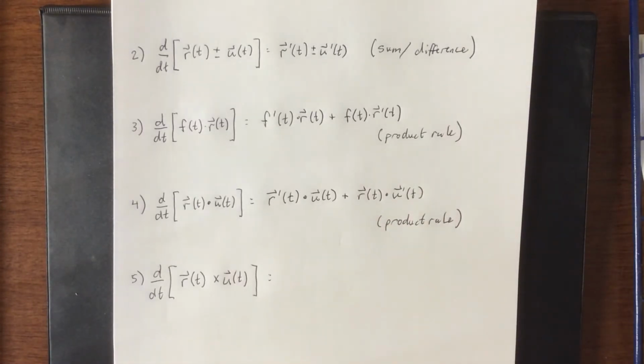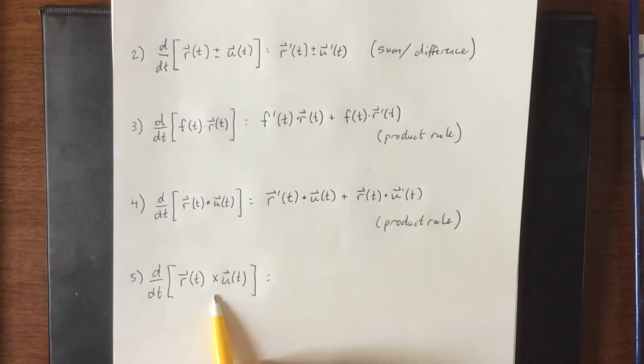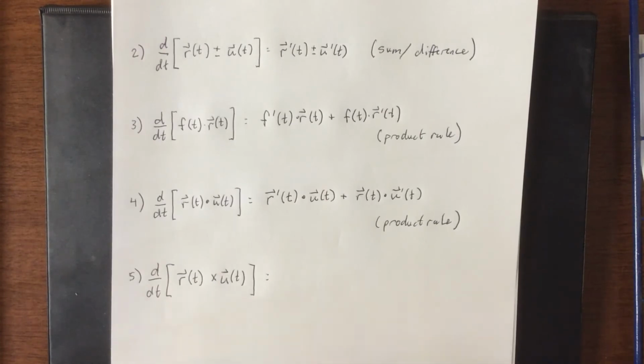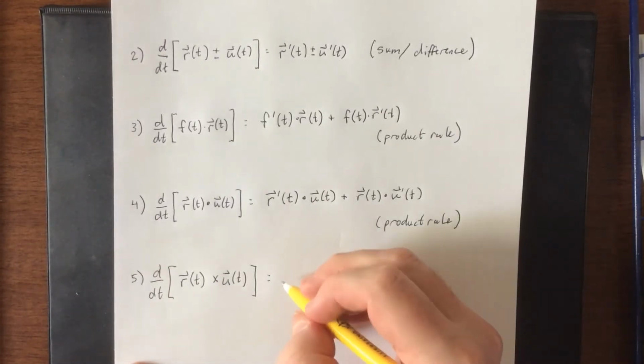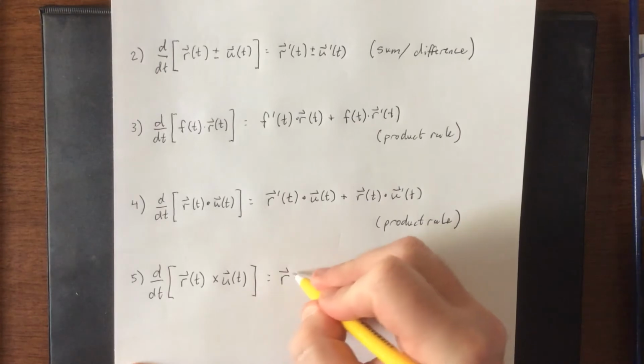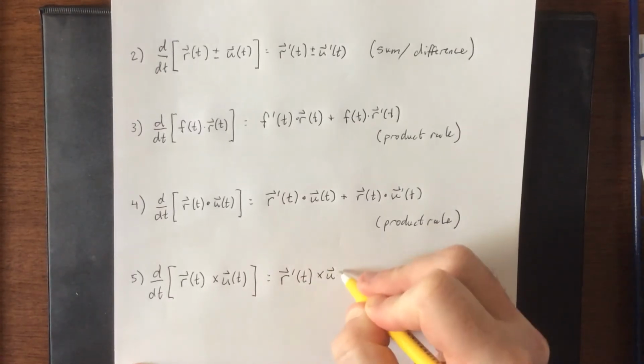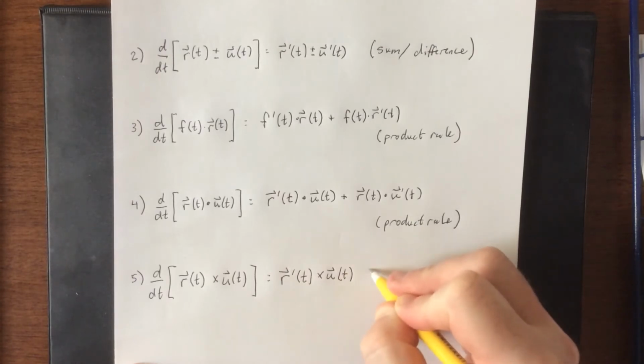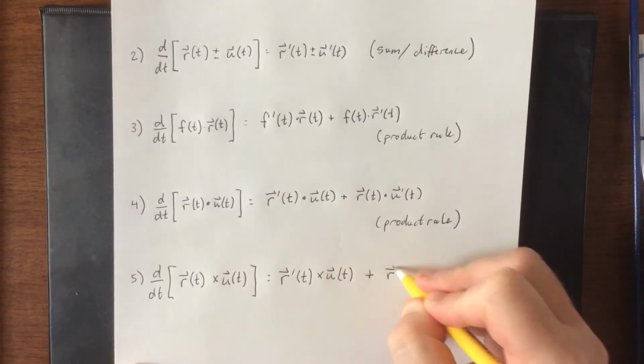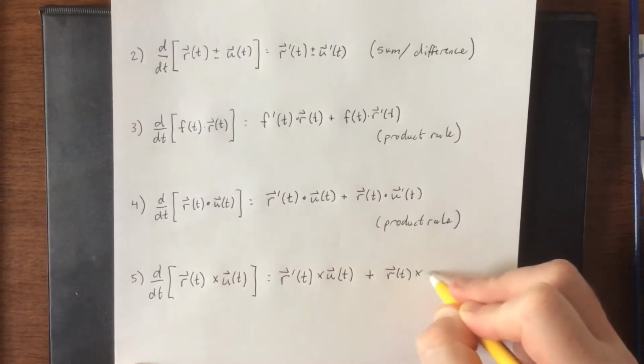Now, for number 5 here, the derivative of a cross product, the order in which you write these is really important because, as we know, the cross product does not commute. It is, in fact, anti-commutative. So, when you're differentiating them one at a time, be sure to write them in the appropriate order. If R is on the left and U is on the right, then it needs to stay R on the left and U on the right.